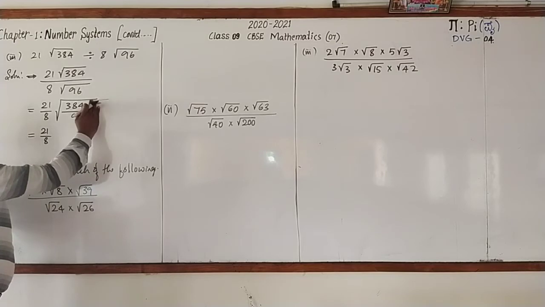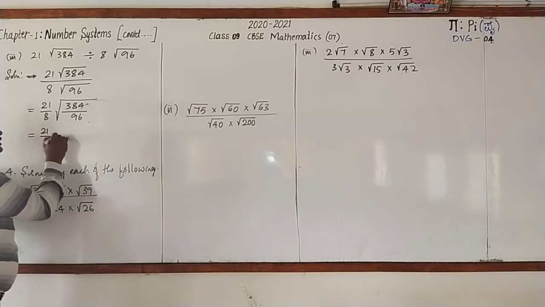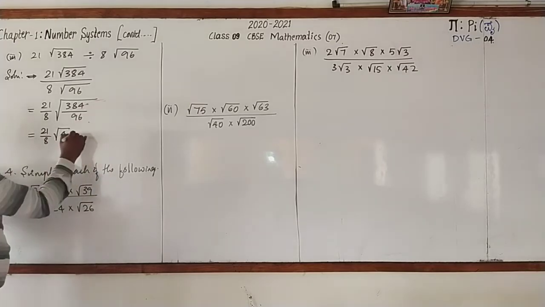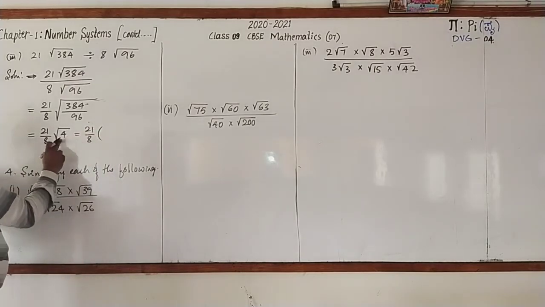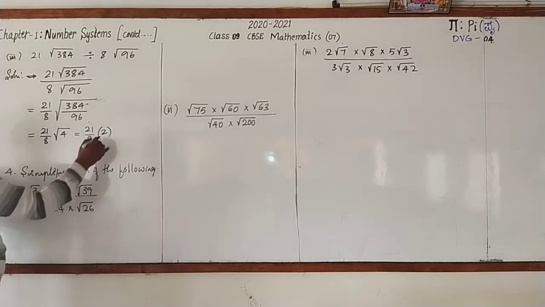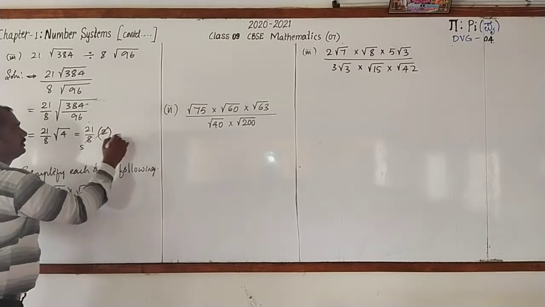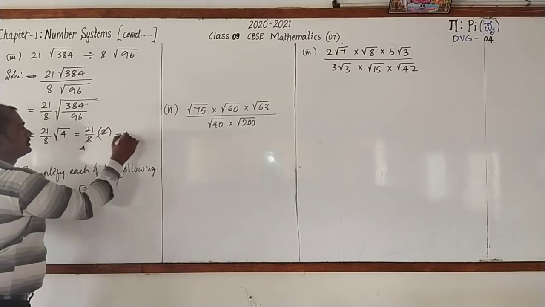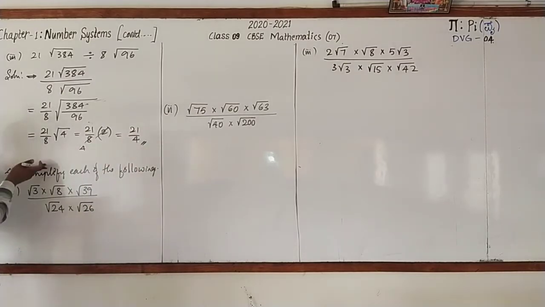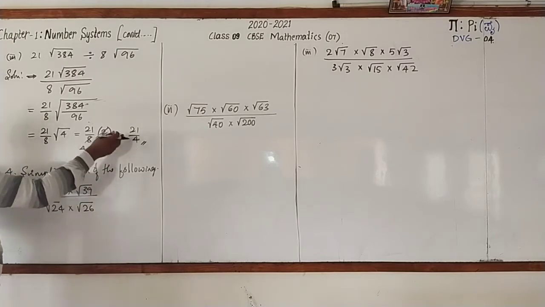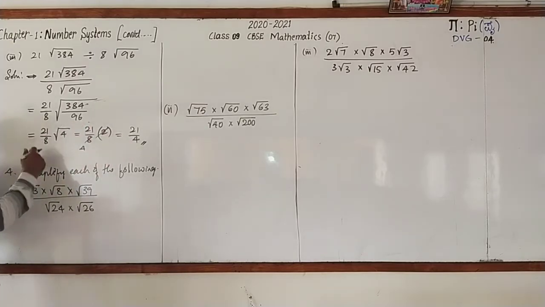Again, like that, if you go on cancelling, you will get square root of 4, which is equal to 21 by 8 into, what is square root of 4? It is 2. 1s are, 4s are. It is equal to 21 by 4. See, I have less space so I have written horizontally, but when you are copying, it should be written one below the other.